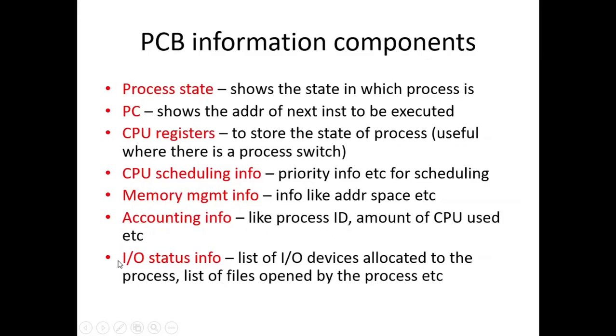We also have I/O status information, like the multiple I/O devices which might be allocated to that process, and a list of files opened by that process. All this information is stored in this PCB, and it relates to only one process. So every process has its own PCB.